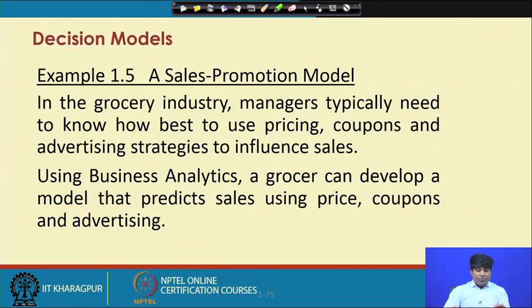Some of the examples, like let us say sales promotion models in the grocery industry: managers typically need to know how best to use pricing, coupons, and advertising strategy to influence sales. Using business analytics, a grocer can develop a model that predicts sales using price, coupon, and advertising. So, it is a simple structure through which a model can give you some kind of prediction.